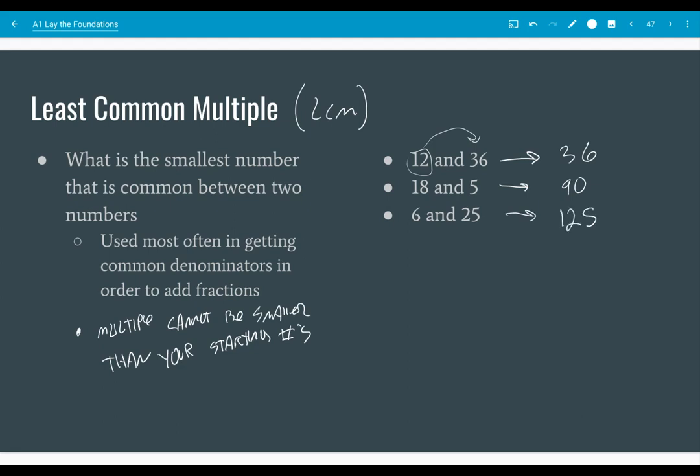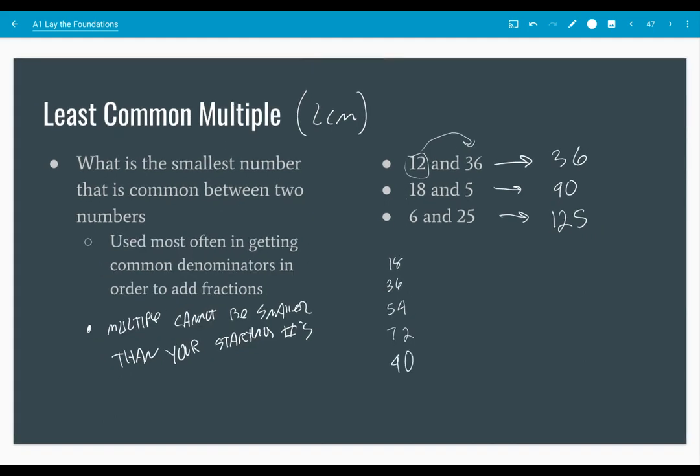So I'll show you that process. So if we do it with 18 and 5, it's 18, 36, 54, I think, 72, and then 90.